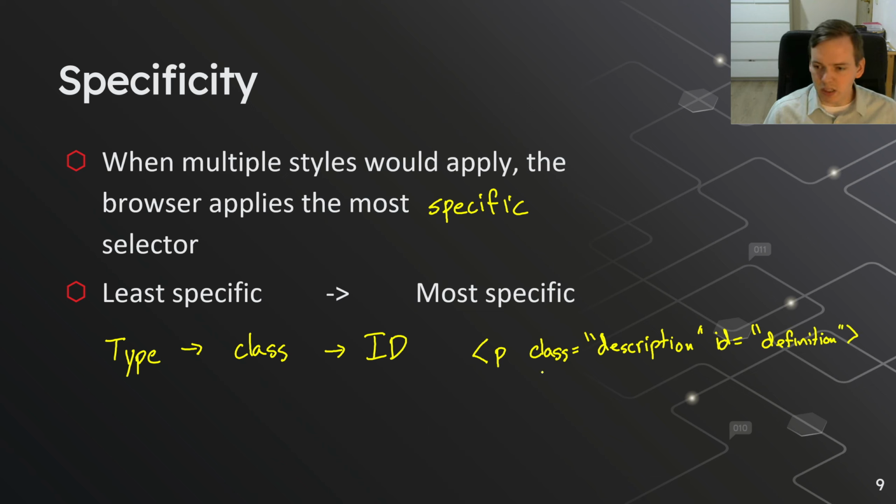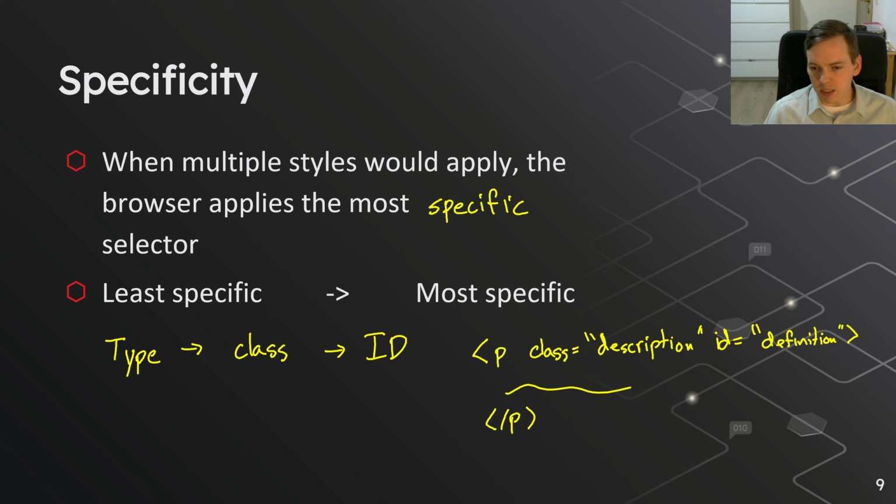Then in your CSS file, and there's going to be all sorts of stuff in here, if you define only a P, so only the paragraph has a style applied to it, then this will get whatever styling you have for a P.